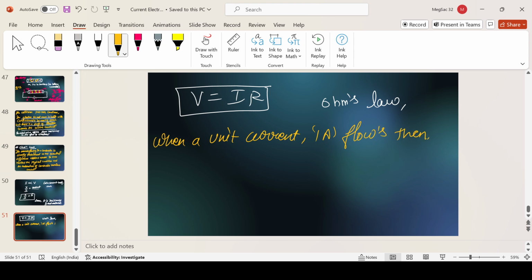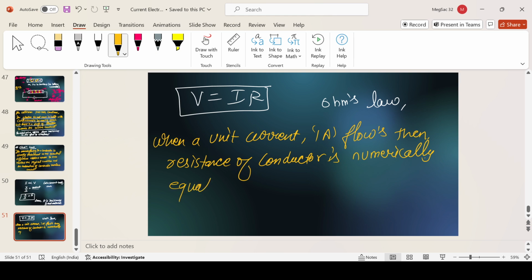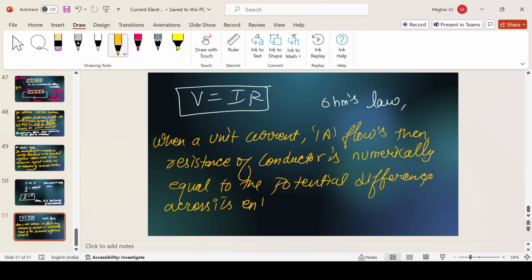Then when 1 ampere of current flows, the resistance of the conductor is numerically equal to the potential difference across its ends.